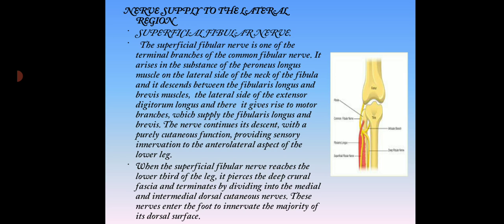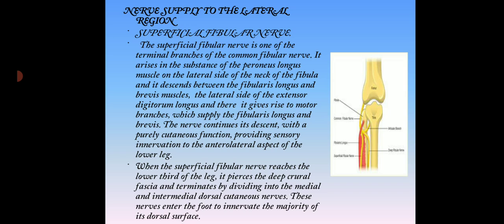It arises in the substance of the fibularis longus muscle on the lateral side of the neck of the fibula, and it descends between the fibularis longus and fibularis brevis muscles, on the lateral side of the extensor digitorum longus, and there it gives rise to the motor branches which supply the fibularis longus and fibularis brevis.